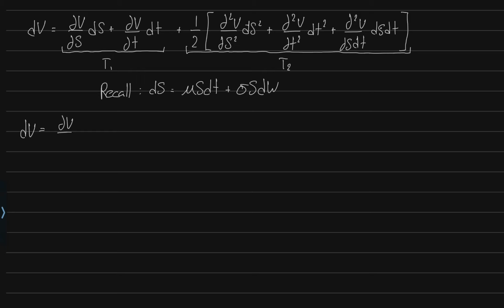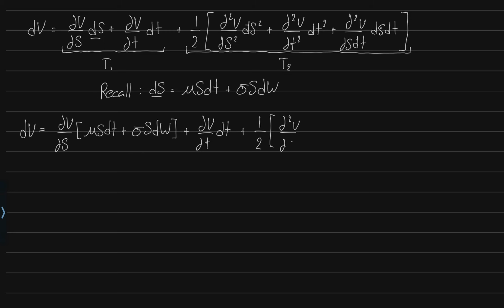I have dV/dS times mu S dt plus sigma S dW, and all I did was replace this with my definition of dS, plus my partial derivative of V with respect to time, and we just have time over here, so that's all well and good.